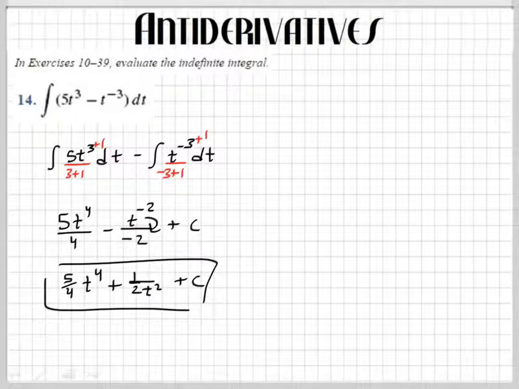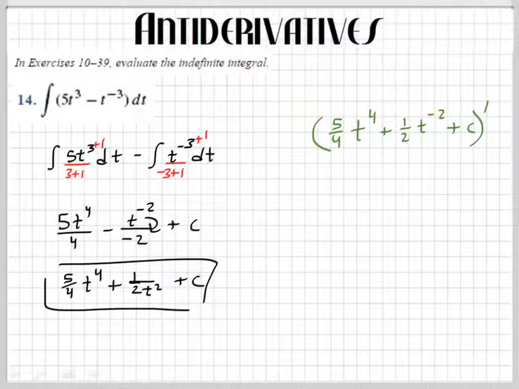And now I'm going to test it. So we have 5 over 4 times t to the 4th plus 1 over 2 t to the negative 2, and then we have our c.